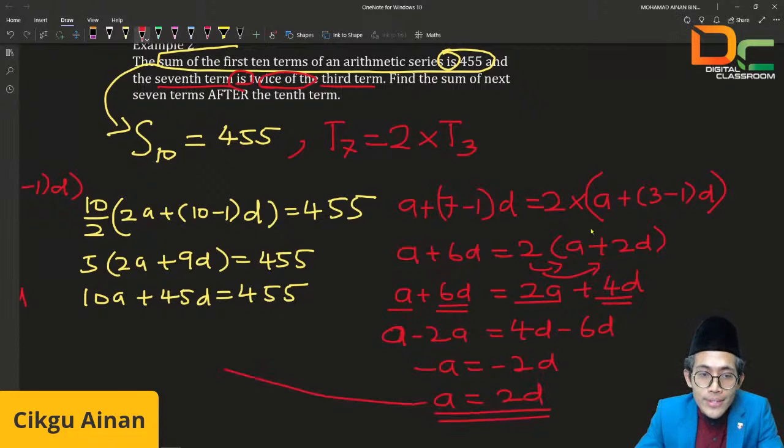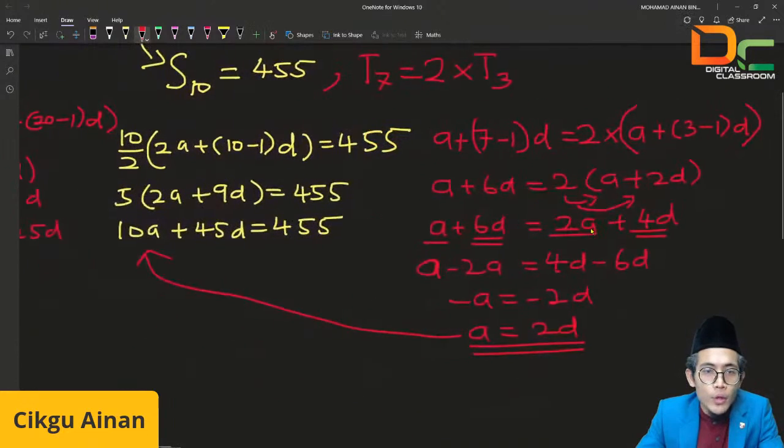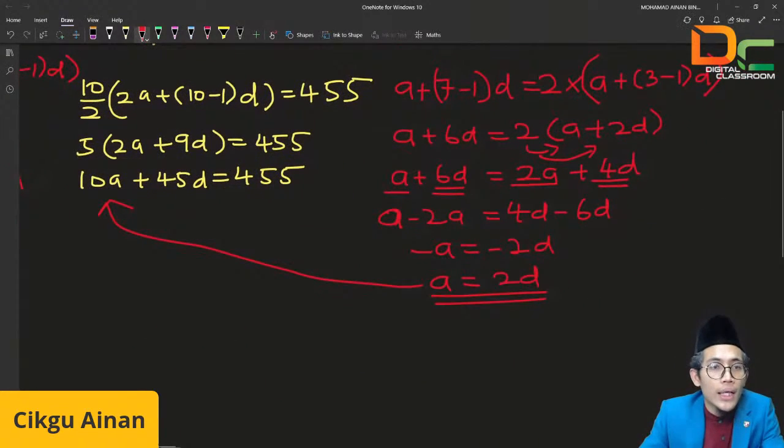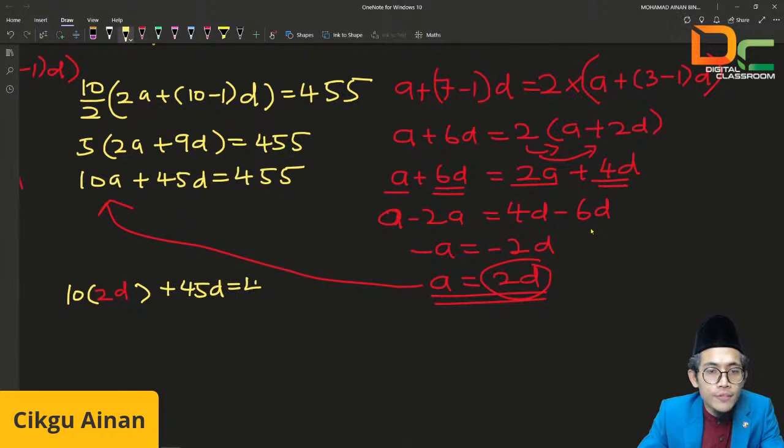We can use this and substitute it over here. So 10a, where a is 2d, so 20d plus 45d equals 455.